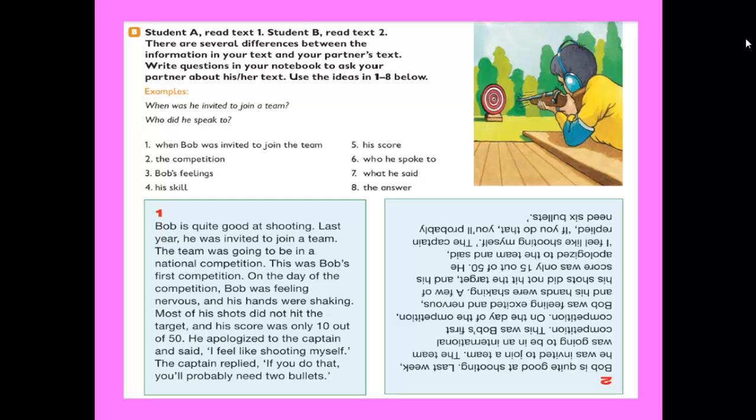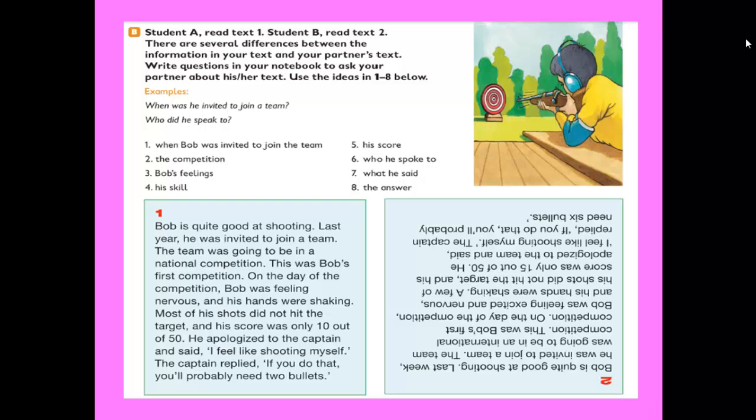Most of his shots didn't hit the target, and his score was only 10 out of 50. He apologized to the captain and said, "I feel like shooting myself." The captain replied, "If you do that, you will probably need 2 bullets."